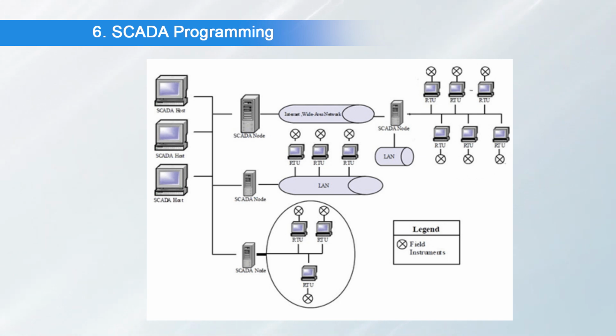SCADA, which stands for Supervisory Control and Data Acquisition, is different from the distributed control systems that are commonly found in plant sites. While distributed control systems cover the plant site, the SCADA system covers a much larger geographic area.